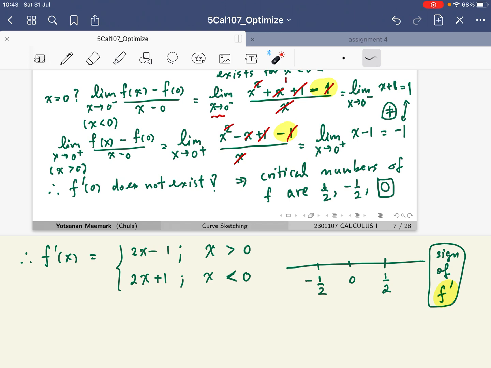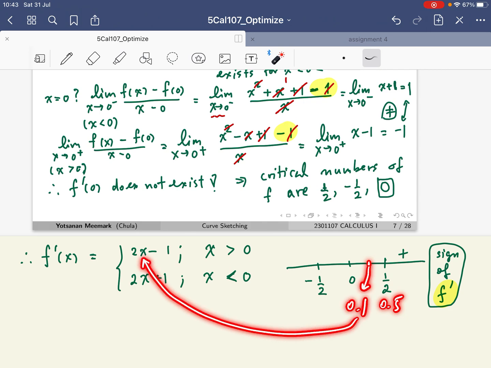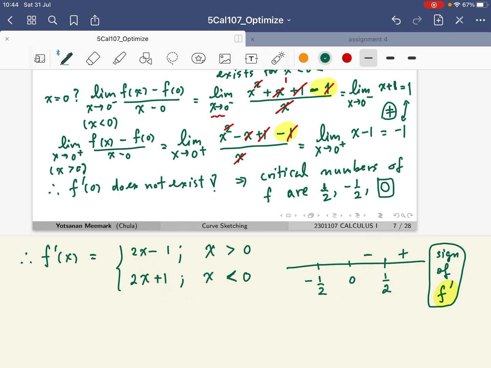For example, if x is 1, then you have 2 minus 1, which is positive. If x is 0.1, it will be 0.2 minus 1, so negative.